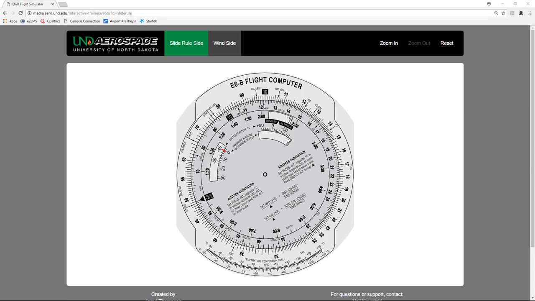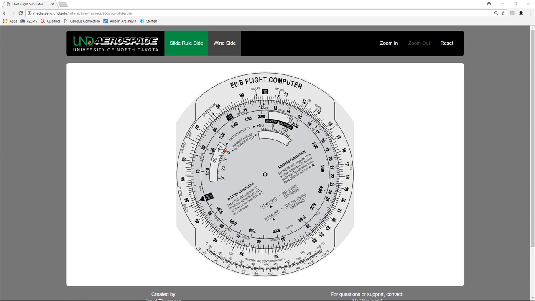Now our altimeter is telling us that we are at 200 feet. So if the altimeter was reading correctly, we would assume that our true altitude was also 200 feet, but we will discover that is not the case. So the calibrated altitude is read on the B scale.